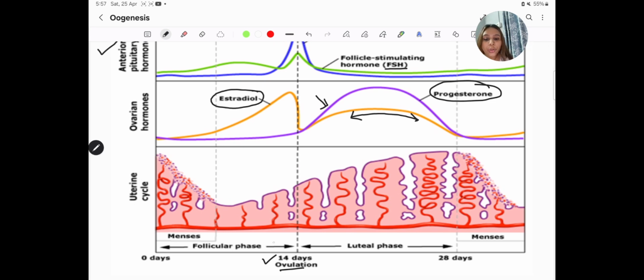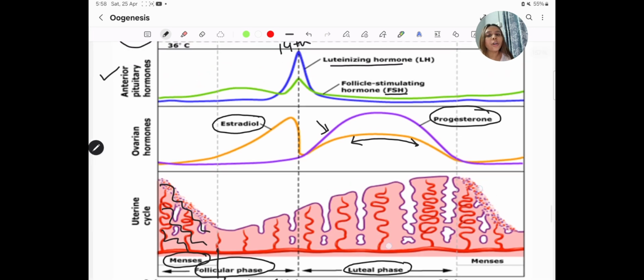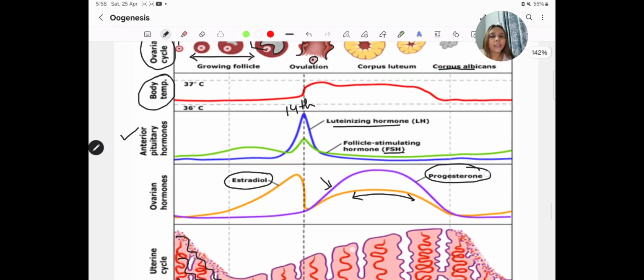From 1 to 5 days there is shedding of this uterine wall, and this is the menstrual phase. Then there is the development, that is the follicular phase, and then there is the ovulation, that is the luteal phase, okay.